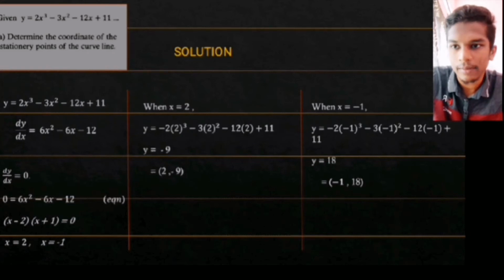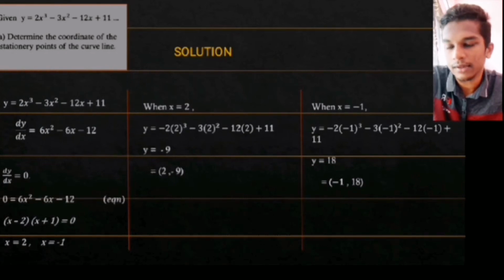The third step of the solution is, when we get the x values, we have to substitute them to get the value of y. The first value of y is -9 and the second one is 18. So the first coordinate is (2, -9), and the second coordinate is (-1, 18).